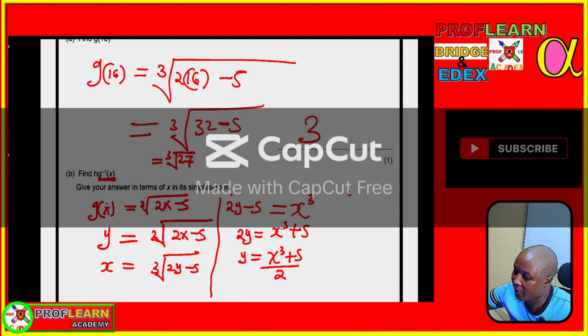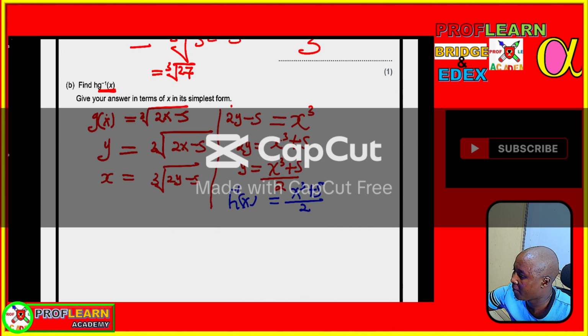Now with this value that we have here, we shall say g inverse of x is basically x cubed plus 5 over 2. So that becomes our inverse function. Then we are going to do h of that.